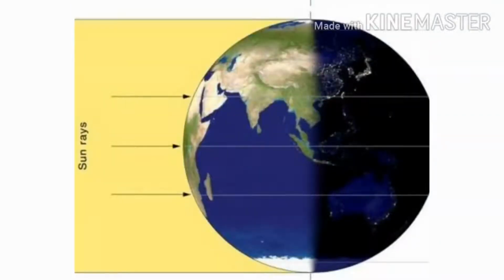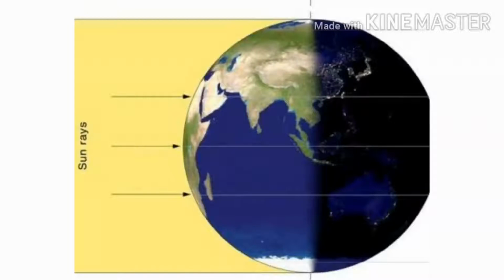The areas around the equator experience exactly 12 hours of day and 12 hours of night. The duration of day and night varies as one goes away from the equator.